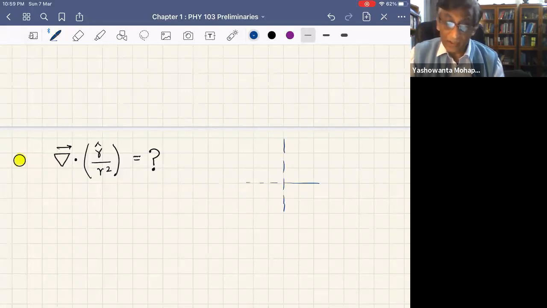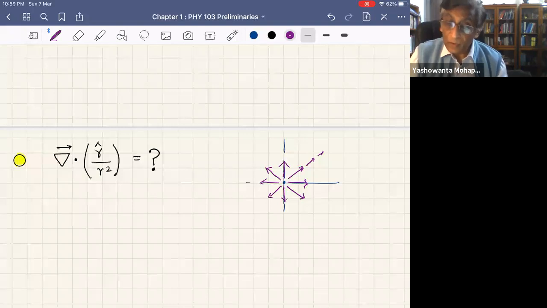Let's say this is 0. It's very large because r is small initially, and then as we go away, it becomes smaller, smaller, smaller, as 1 by r squared.